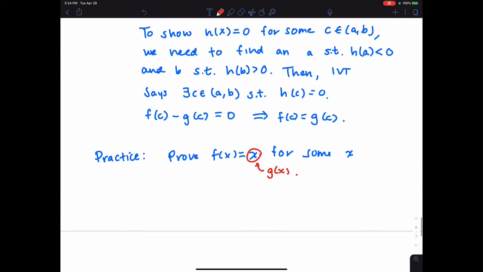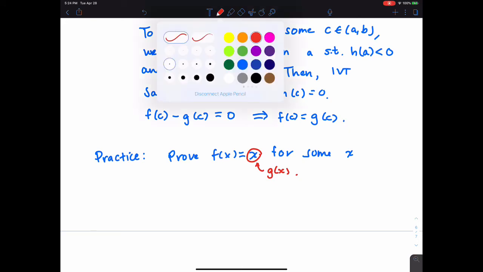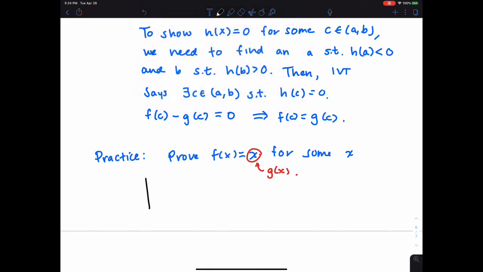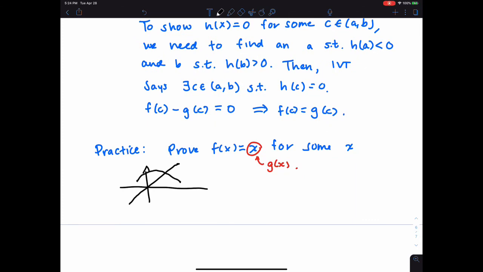I'm not saying that f of x is the function y equals x. I'm saying that f of x intersects the function y equals x at some point. So if I were to graph y equals x on my line, I'm making the claim that somewhere over my interval, I should have an intersection between y equals x and y equals f of x.